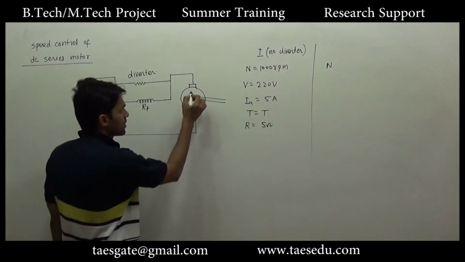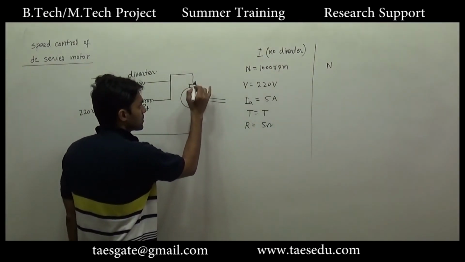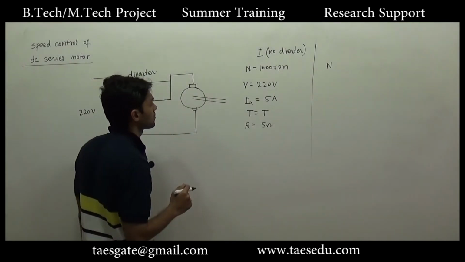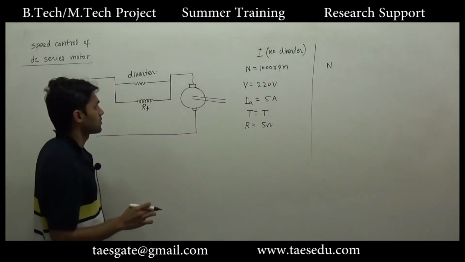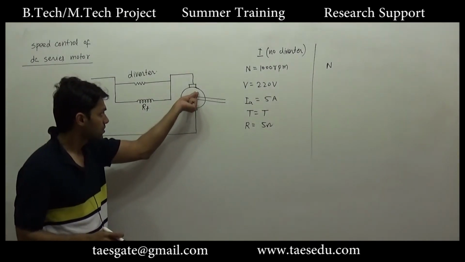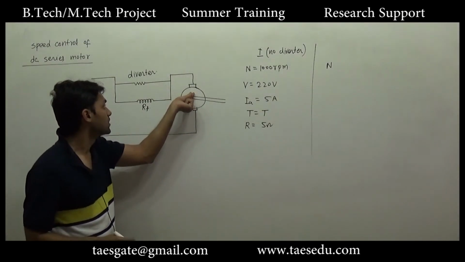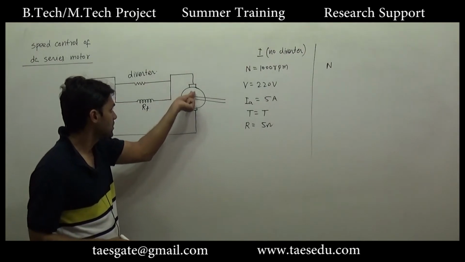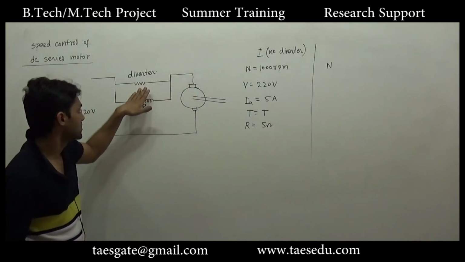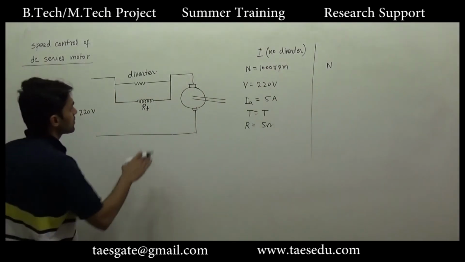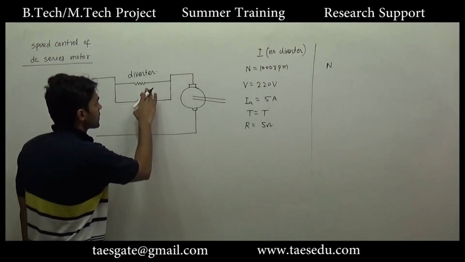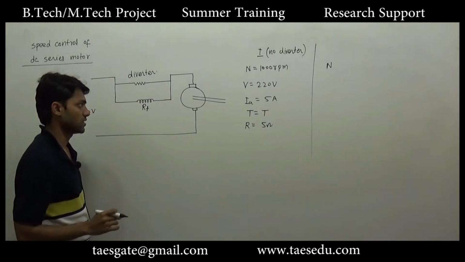There are armature windings which are accommodated on the rotor, and the resistance is distributed in that winding only. So you cannot take out those resistances and connect a resistance parallel to that. So the diverter can be connected in parallel with field resistance only.